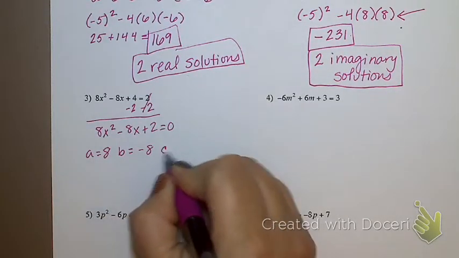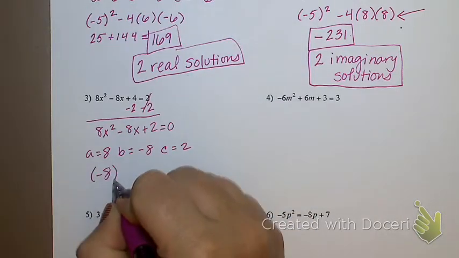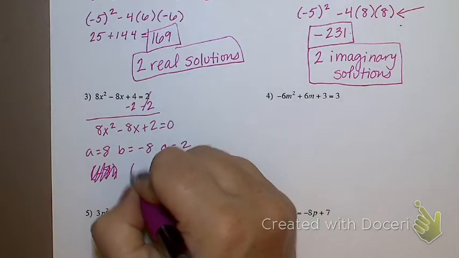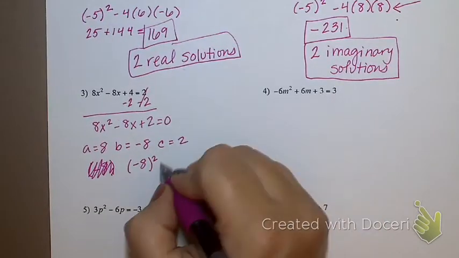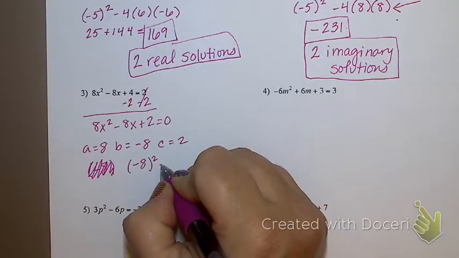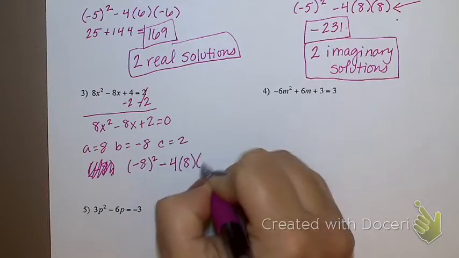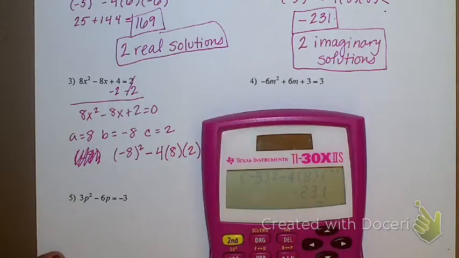And what's C? 2. So if I do negative 8 squared, my brain was going on the quadratic formula there, not the discriminant. Negative 8 squared, so that's b squared minus 4ac. Let's see what we get. Negative 8 squared minus 4 times 8 times 2.